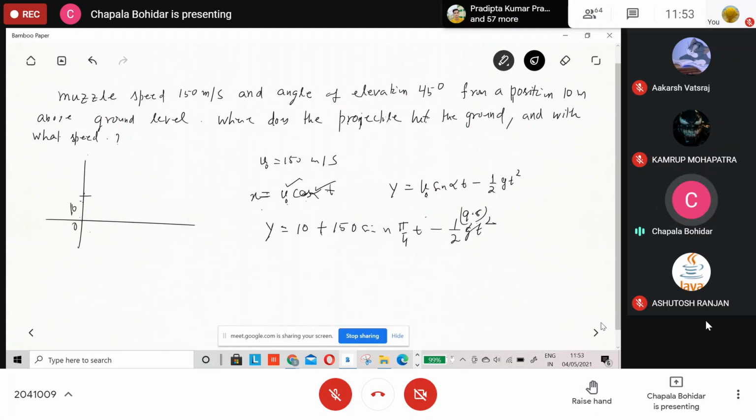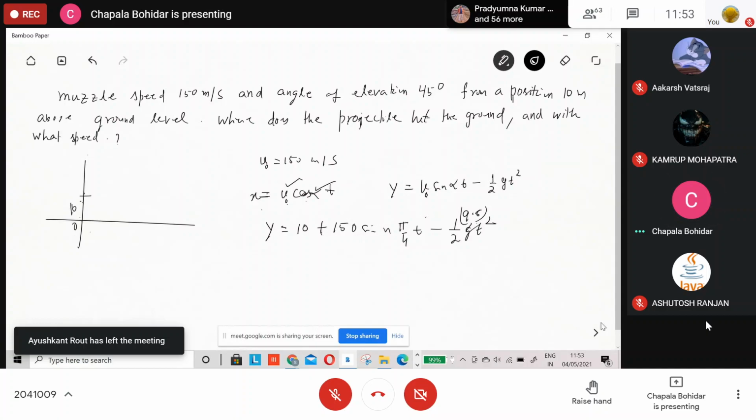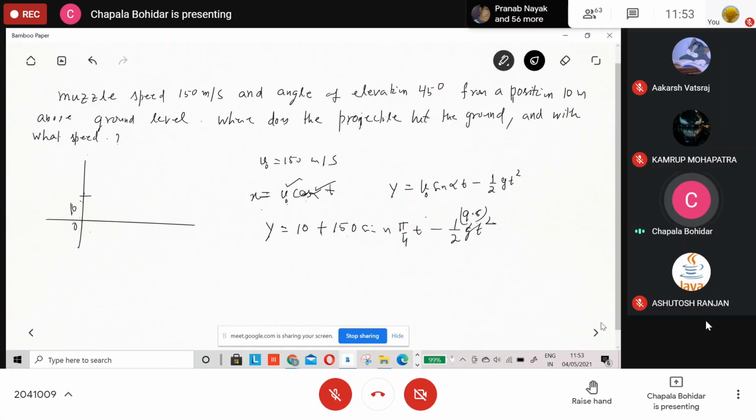Okay. So now you simplify. So what value do you get? 150 sine 45 degree. What is the result we get here? It is equal to 10 plus, sine 45 degree is how much? 1 by root 2.